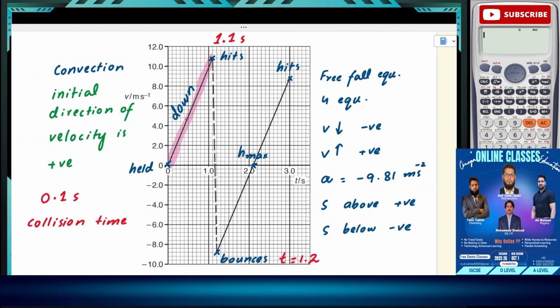Let's see what happens to the velocity initially. If I take a look at the initial stage from 0 to 1.1 second, my velocity is increasing with uniform acceleration.